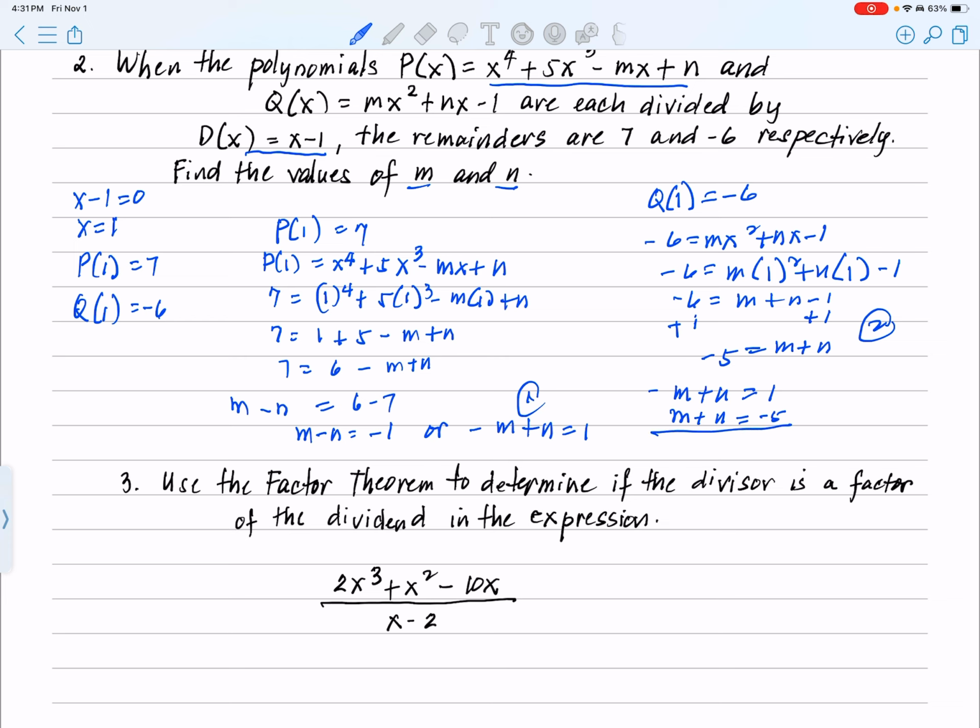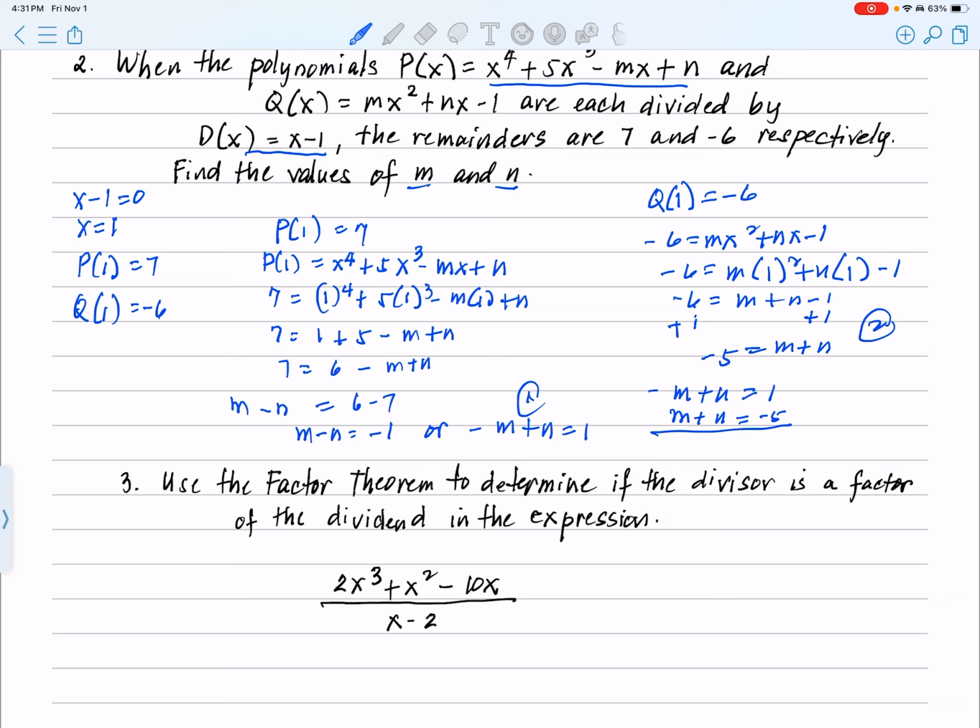Let's have number 3. Use the factor theorem to determine if the divisor is a factor of the dividend in the expression. So we are going to determine if it's a factor, this time using the factor theorem.